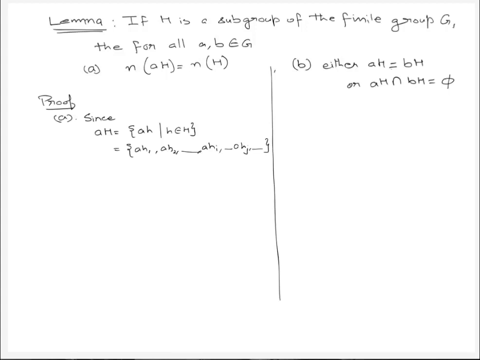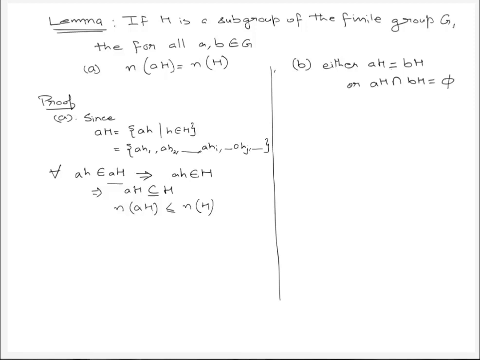Now since H is a subgroup, ah belongs to H. So for every ah in the left coset aH, this element also belongs to H. That means aH is a subset of H. So we can conclude that the number of elements in aH is less than or equal to the number of elements in H.